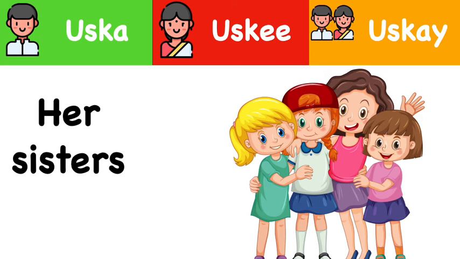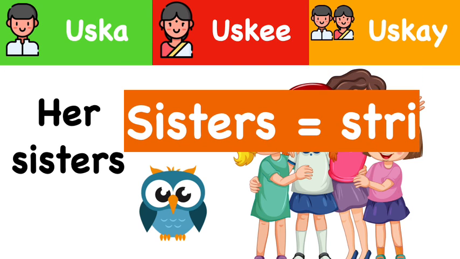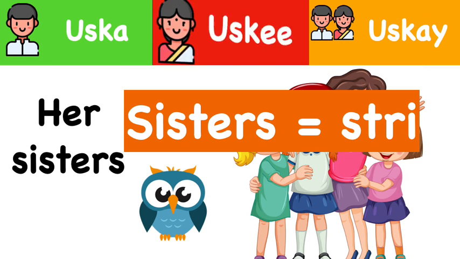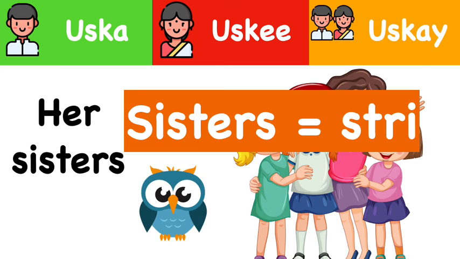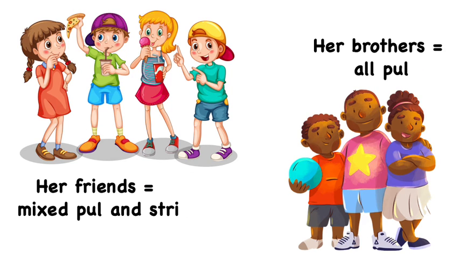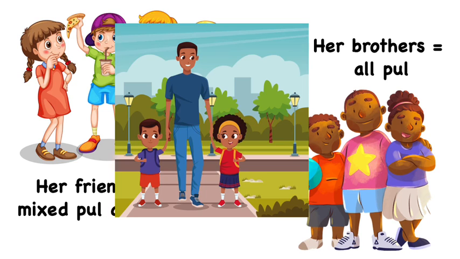All right, her sisters. Sisters are stri, right? So then it would be uski. Uski behene. So again, remember our rules. We use uske when the objects are a mix of pull and stri, and when all of the objects are pull. All right? So here's the mix again that we saw in that practice problem with the boy and the girl for his kids. So it's uske.